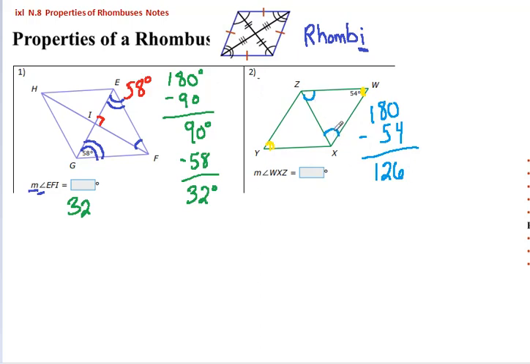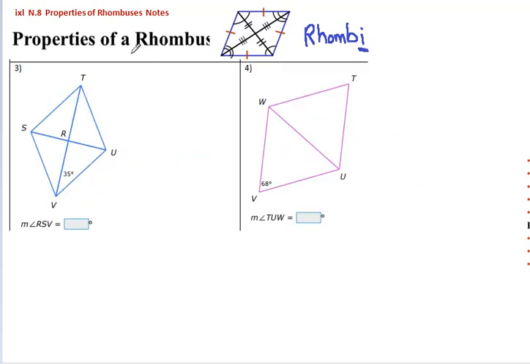And we know that these two angles are the same because the opposite angles are the same. So if you then divide that by 2, that is going to give you 63 degrees. There we go.